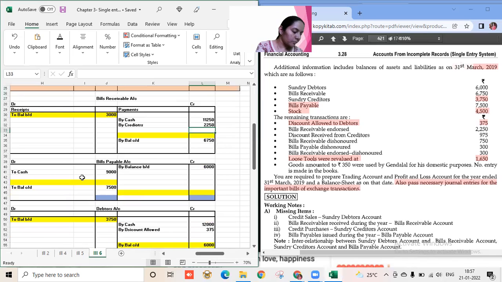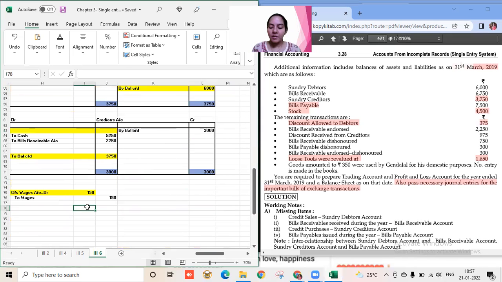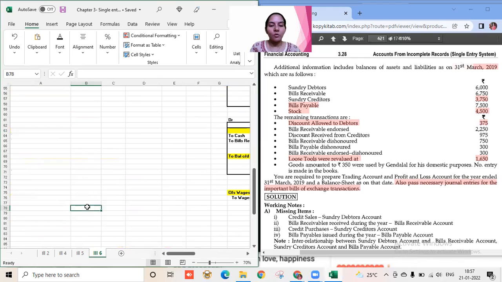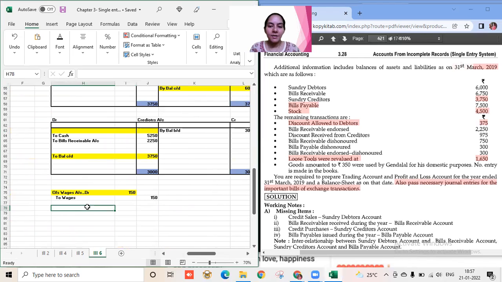Done, ma'am. Okay. Next one, discount received from the creditors. Think, when the creditors give you the discount, what is the journal entry? Write it in rough if you want. Creditors give you the discount. That is income for you. And the creditors' balance is reduced. Discount received, correct.